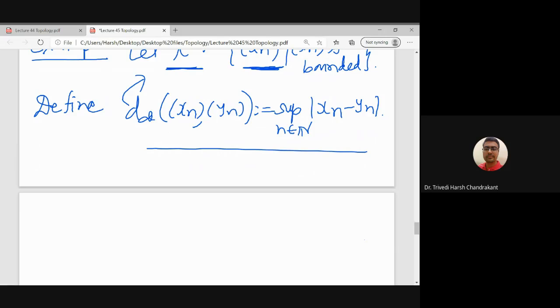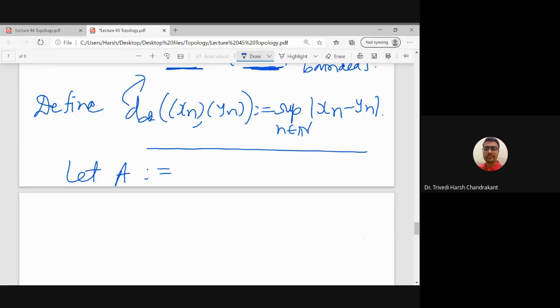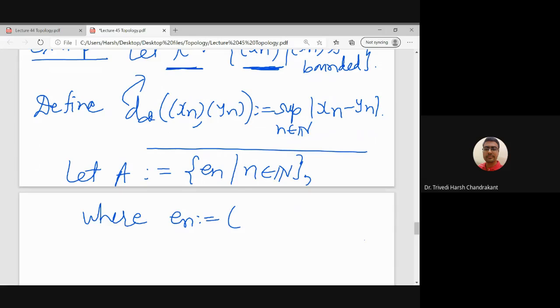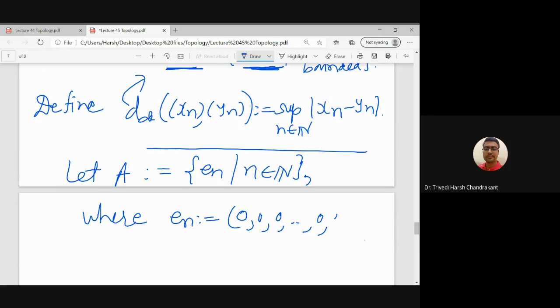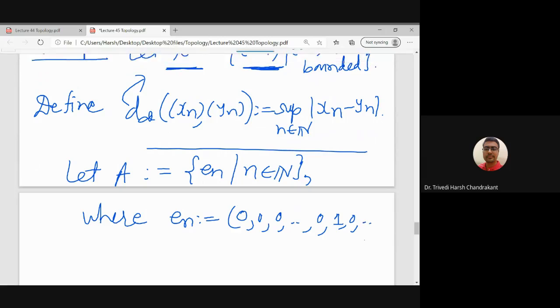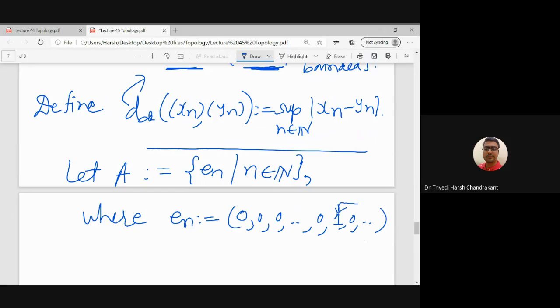Now we will consider a particular set in this space. Let us consider A, which is a subset of L infinity, the set of elements En, n belongs to N. So what is En? Every element of L infinity is a sequence, so each En is a sequence. The sequence is 0, 0, 0, up to 0, and then we get the term 1, then 0, 0, 0, and so on. So this particular term 1 is the nth coordinate.